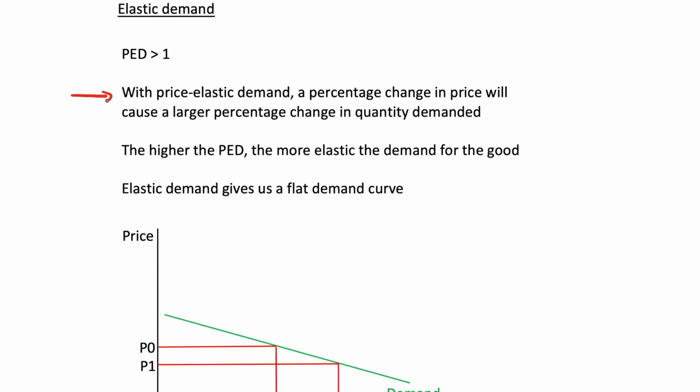And so what we mean when we say elastic demand is we're saying that with price elastic demand, a percentage change in price will cause a larger percentage change in quantity demanded. So if we think about this for a second, let's consider that we increase our price by 10%.